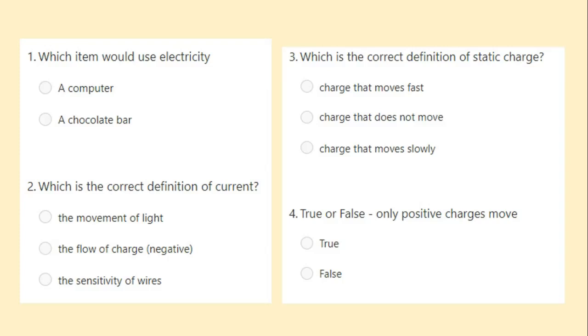Question 2 is: which is the correct definition of current? The options are the movement of light, the flow of charge, and in brackets we have negative, so it's the flow of negative charge, or the sensitivity of wires.